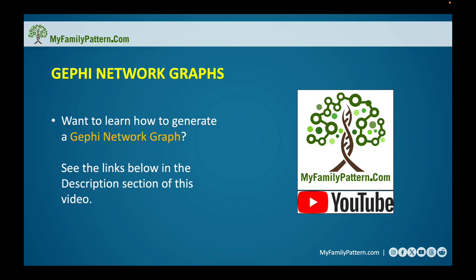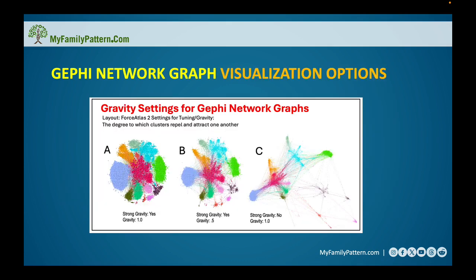But where I'm going to take it from there is, how do you take what she does and how do you really customize it to help you understand who are these unlinked family clusters and how do they relate to you.